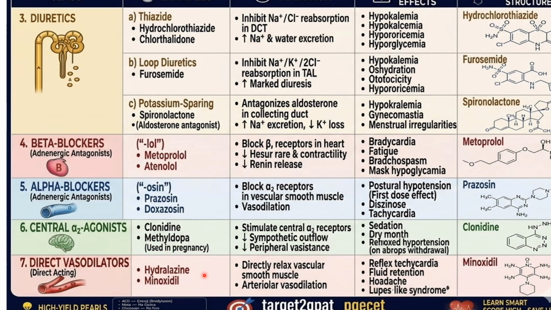The two major examples here are hydralazine and minoxidil, and the prototype drug shown here is minoxidil. As mentioned, from the name itself, they directly act on the vascular smooth muscle, causing arteriolar vasodilatory effect.